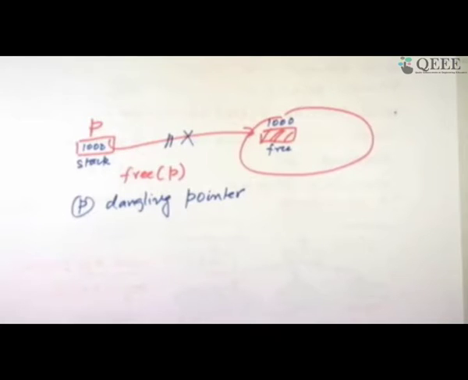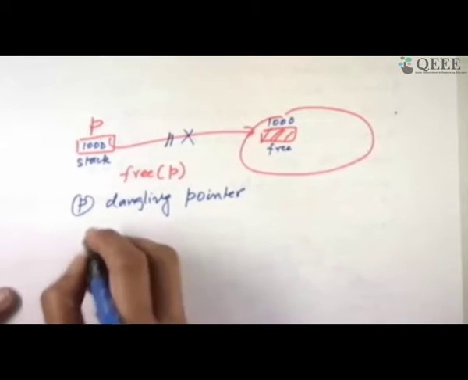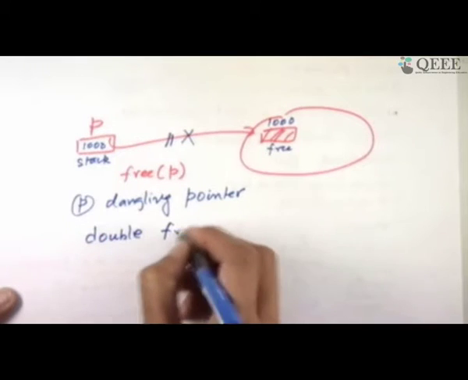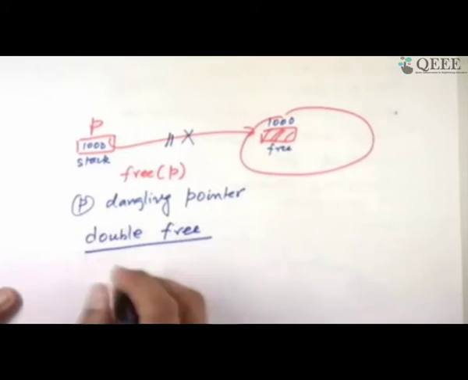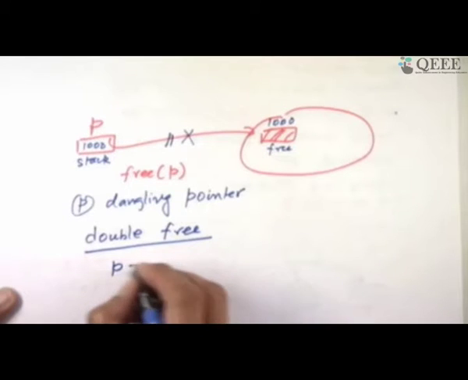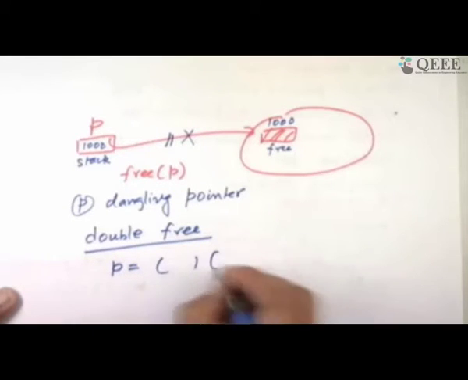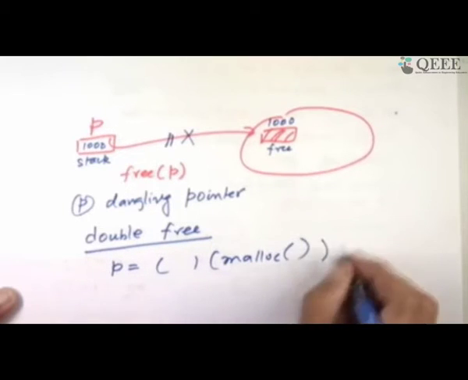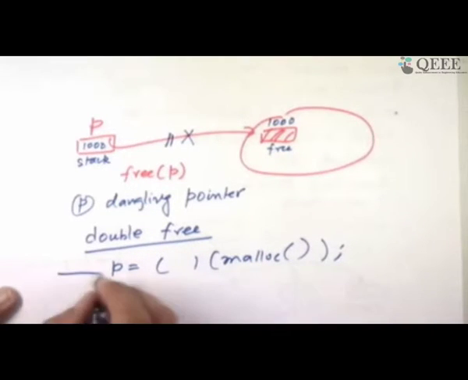Another related question I found somewhere, people have said, what is double free? I was first not clear, and then somebody made it very clear by saying, what if I do this? So I have P equal to something, with a lot of effort I have done some malloc and I've got a P. I don't know what you have done, I don't care, there is some type over here.